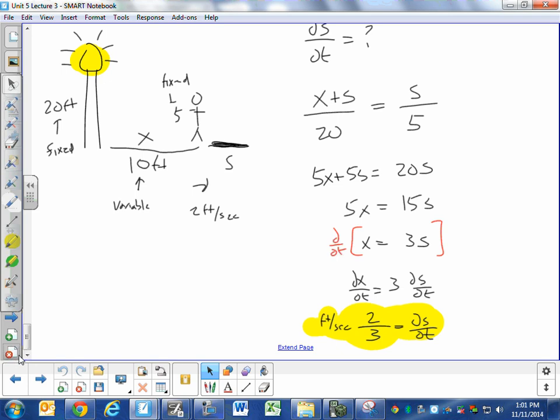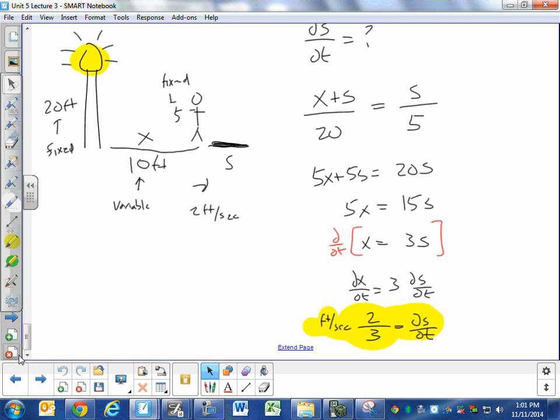You would then simplify by subtracting 5s. You would then either differentiate as you see it, or maybe simplify by dividing by 5. You get dx/dt is equal to 3 ds/dt. You know dx/dt is 2. So you plug in 2 for dx/dt, solve for ds/dt by dividing by 3. You have it. You're a pro.